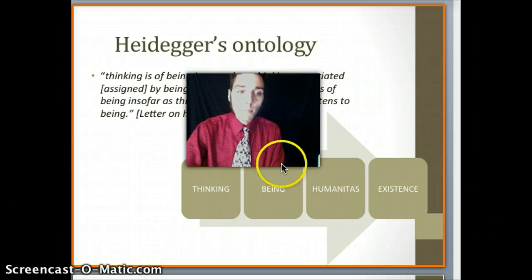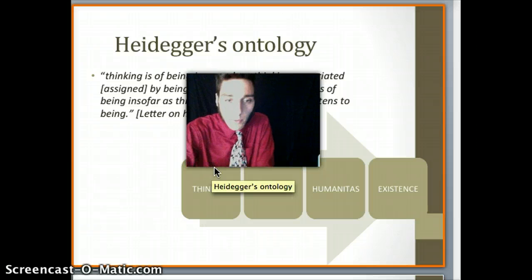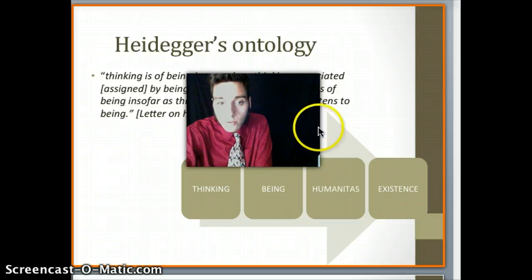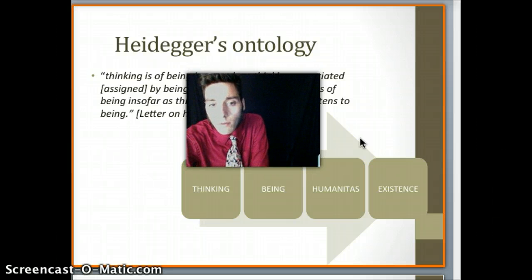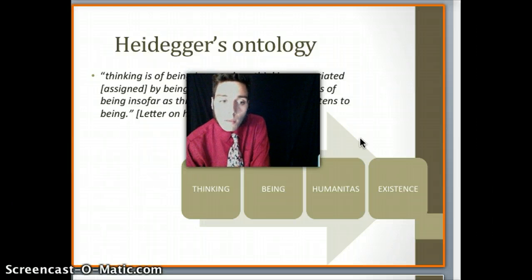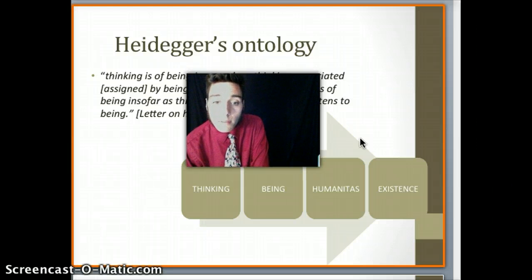So I have this stepwise progression from your thoughts to your being, to your humanitas, to your existence. Heidegger talks about homo humanus versus homo barbarus, and this is not in the more contemporary sense of humanism, not in the Abraham Maslow sense, but in the Greco-Roman idea of being civilized.